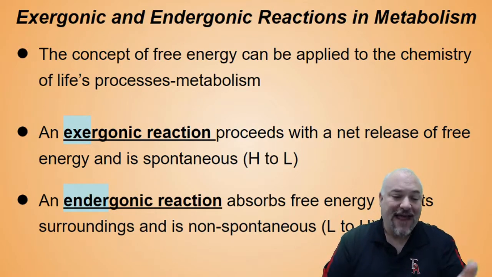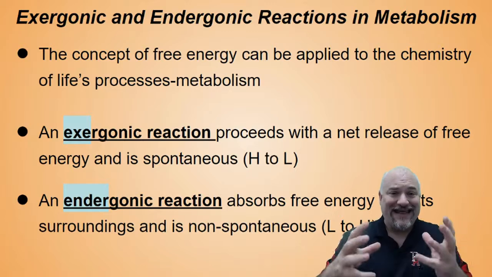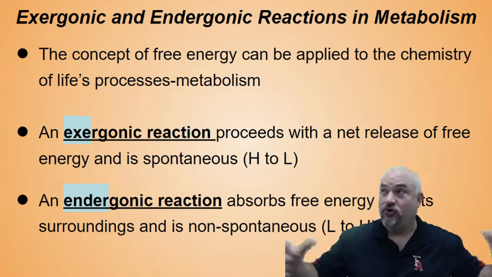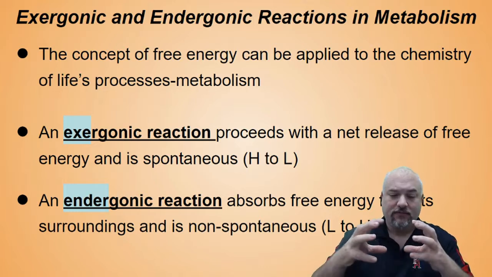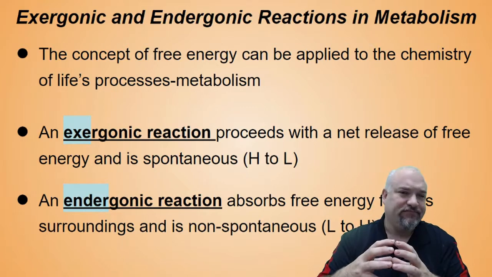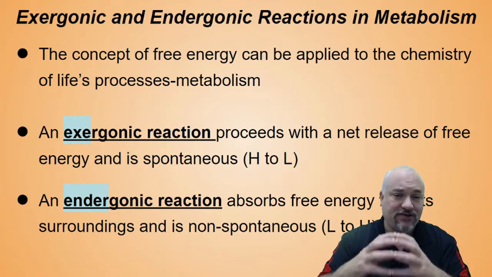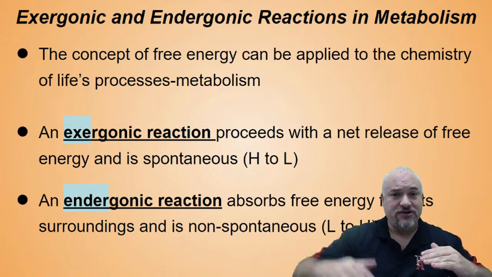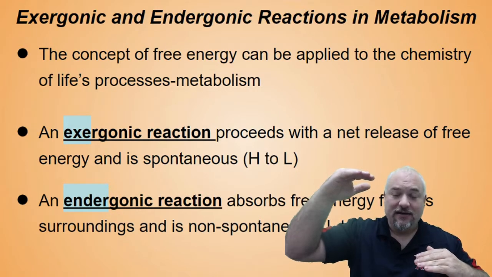Those are spontaneous. Endergonic reactions are ones that you need to put some energy into, so they absorb free energy from somewhere and use it to make, in the case of chemical reactions, more complex molecules. It's not spontaneous because it's going from a lower energy to a higher energy state, right?